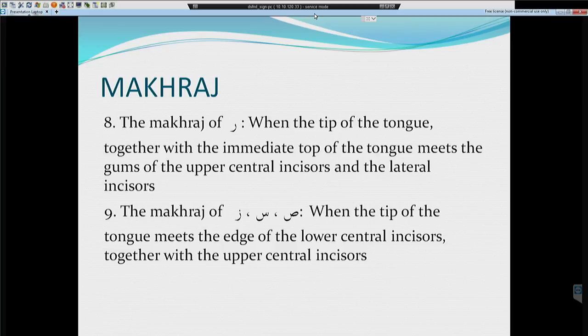So now it's touching both of the incisors, the top and the bottom, thanaya ulya and thanaya sufla. So za, like the sound that a bee makes, buzz, za, sa, and there's sad. You'll see the difference between sa and sad. One is full mouth, one is empty mouth. Sad is one of the heavy letters. Sad.